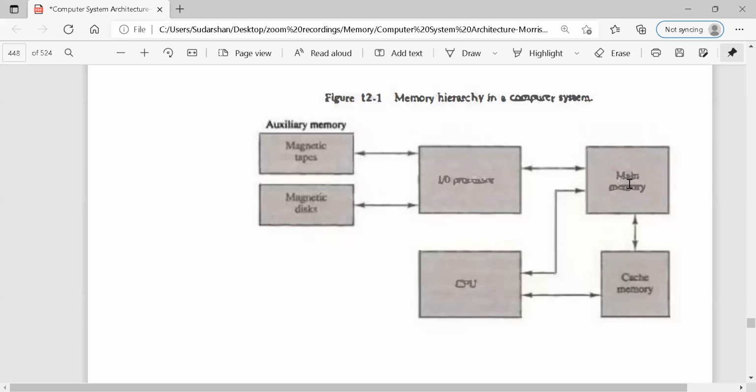It is called asynchronous DRAM. When you come across asynchronous DRAM, again, there must be one more category called synchronous DRAM. We have already seen what is synchronous DRAM, where the reading or writing operation is synchronized with the system clock. If it is synchronized with the system clock, it is called a synchronous DRAM. If it is not synchronized with the system clock, it is called asynchronous DRAM.